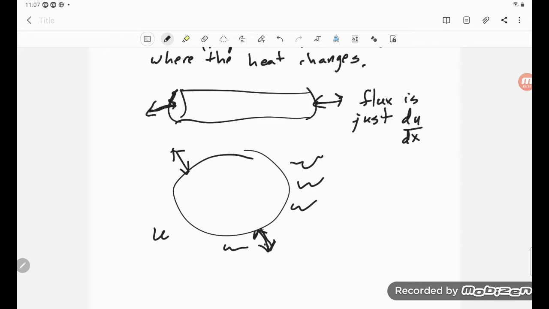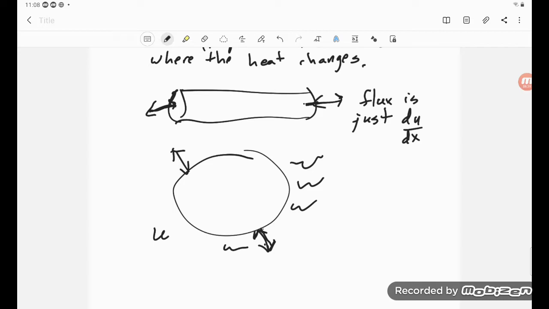So flux is just du dx. Okay, so it's the rate of change of the heat with respect to space here.